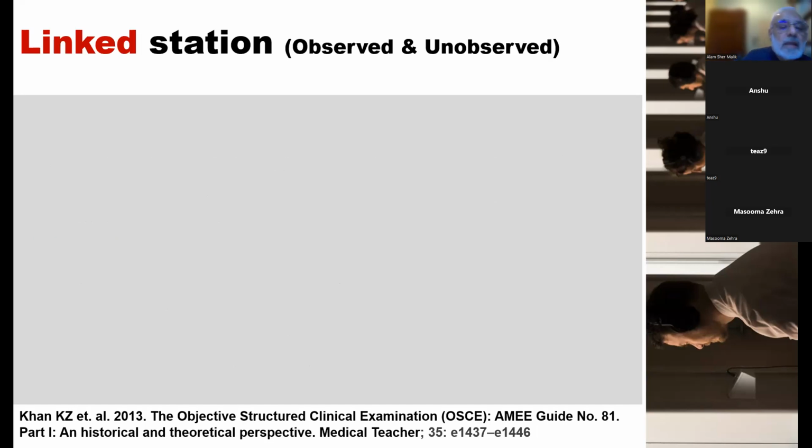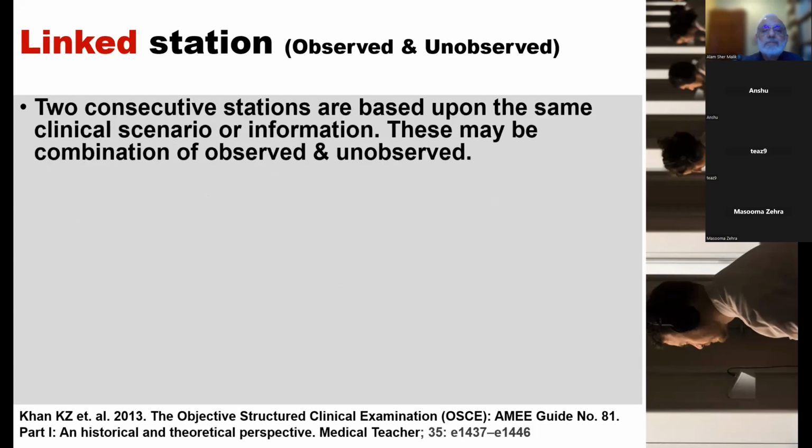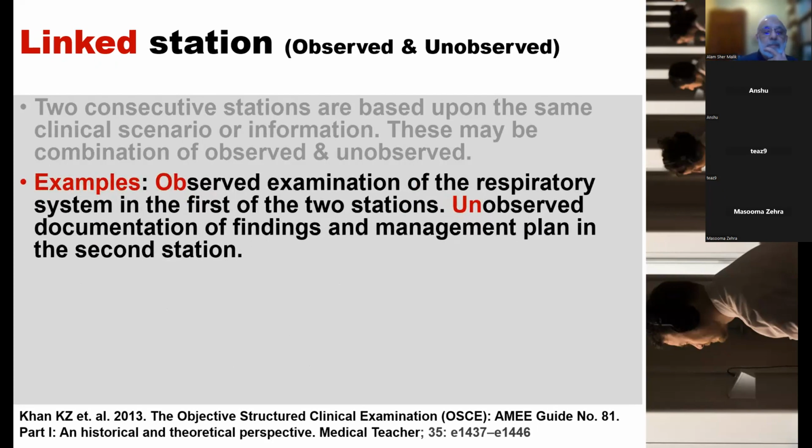Another type of station is the linked station, which can be a combination of observed and unobserved. For example, two consecutive stations are based upon the same clinical scenario or information. The first station is an observed examination of the respiratory system, and the second is observed documentation of findings and a management plan.